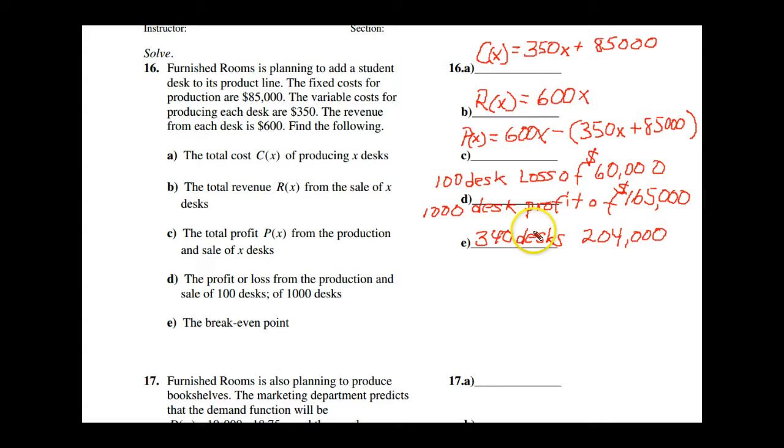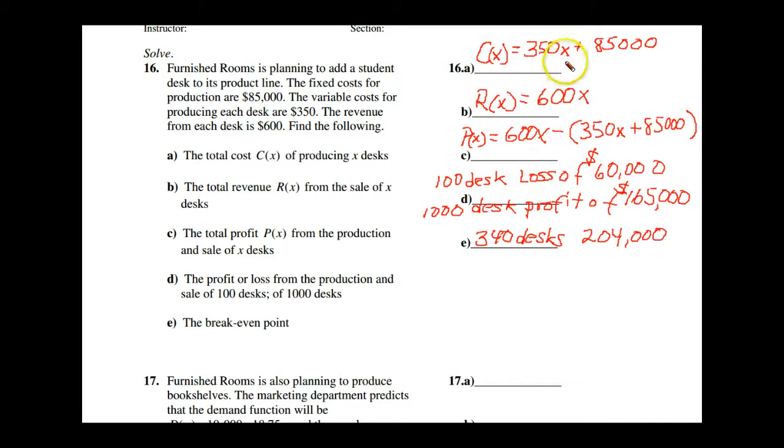Now, what's the break-even point? Well, we know it has to be more than 100, and of course less than 1,000. And by equaling this equation to this equation, we find that X is 340 desks.